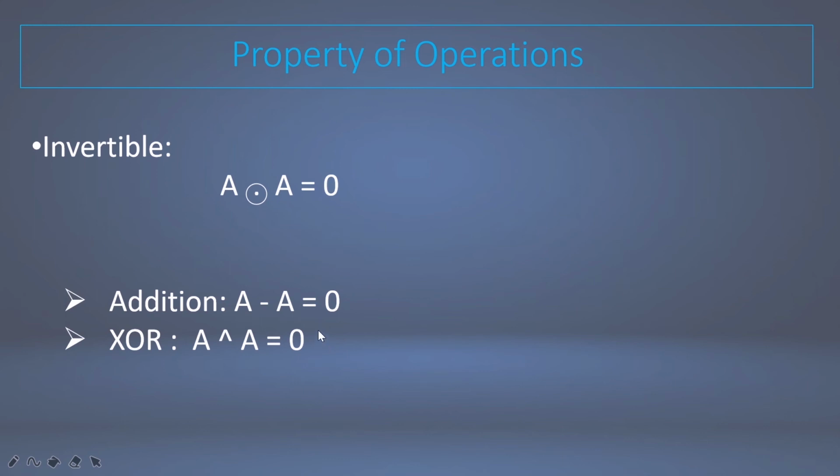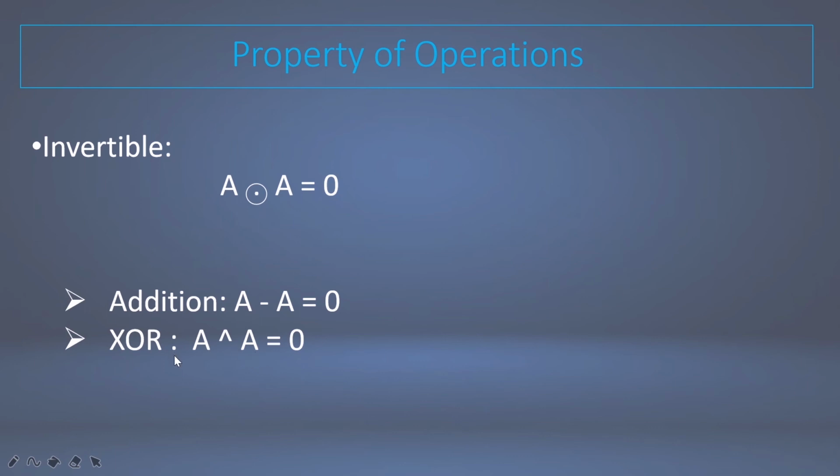If you don't know about XOR, I have a playlist of bit manipulation. Inside this playlist I have already made a video of bitwise operators. I have talked about all the bitwise operators and their operations in that video. So firstly see that video.